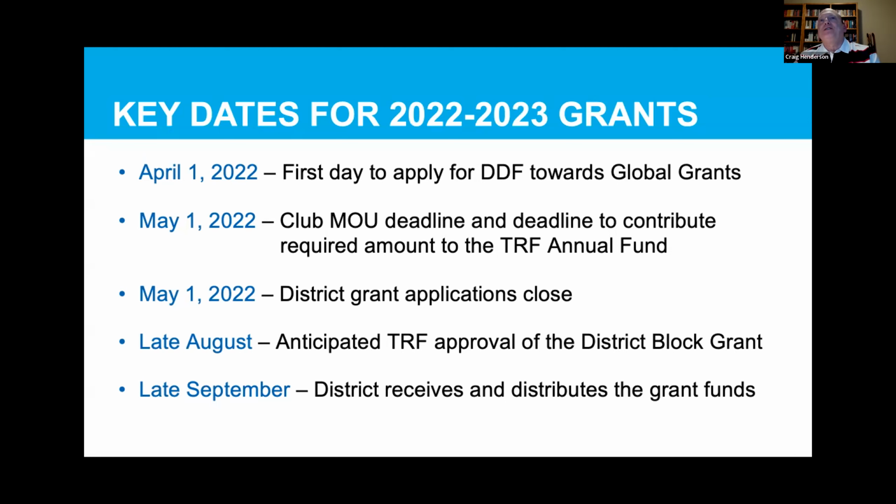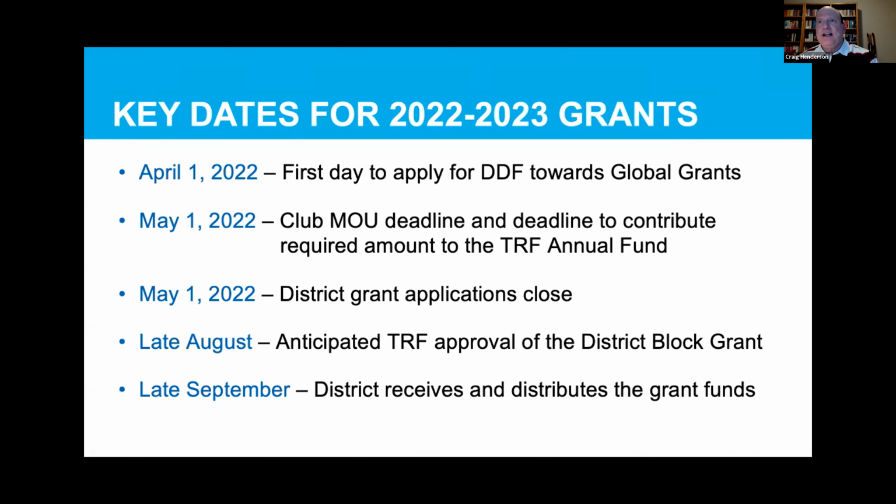Anytime after that, you can submit an application. You would, of course, need your MOU uploaded and your club to be fully qualified in order to access this. So if you're planning to do a DDF application on April 1st, you need to make sure that your MOU and your qualification status are all in place before you do that.